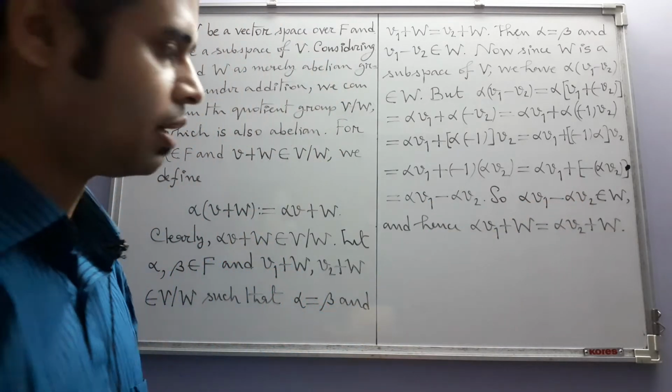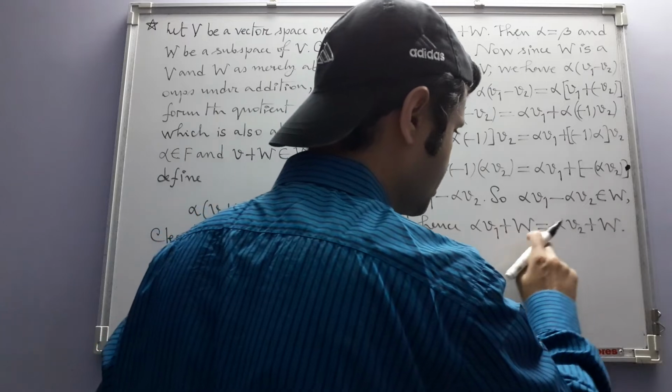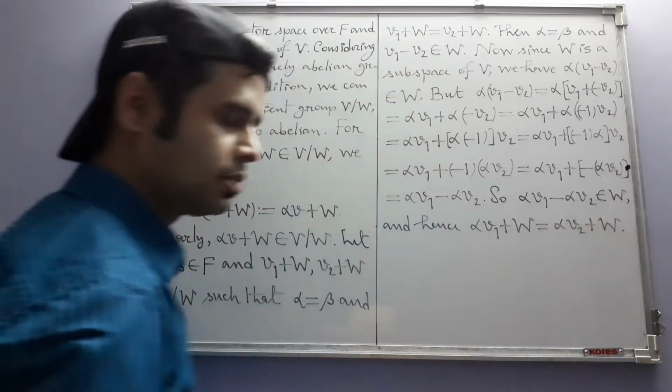They are equivalent. For alpha v1 plus W, this coset is equal to that coset.